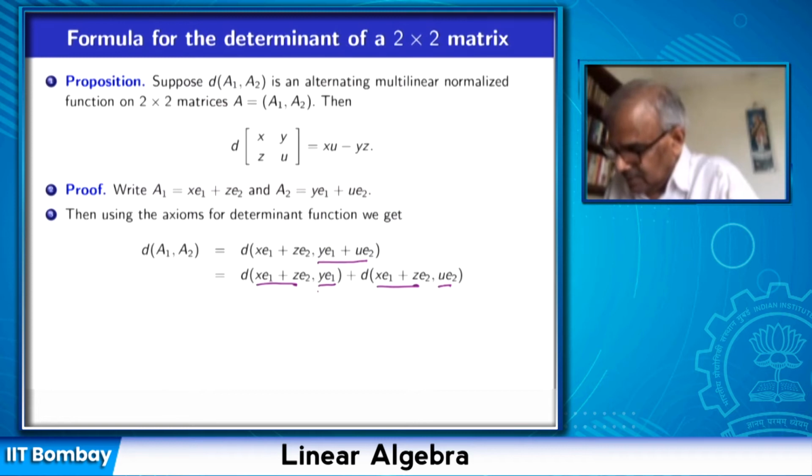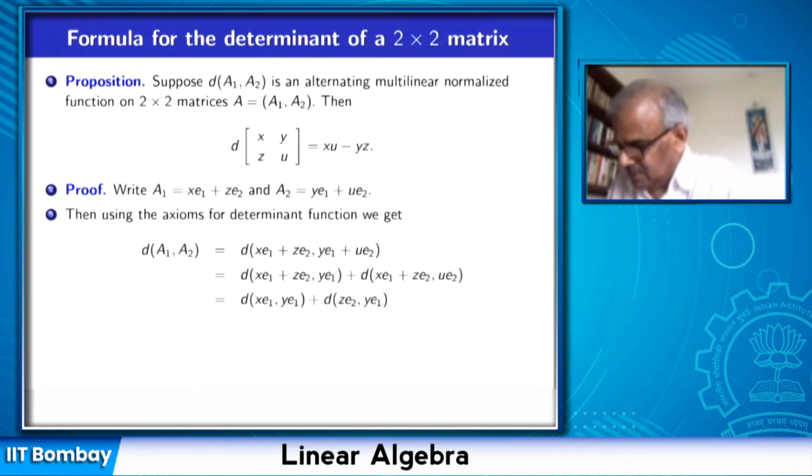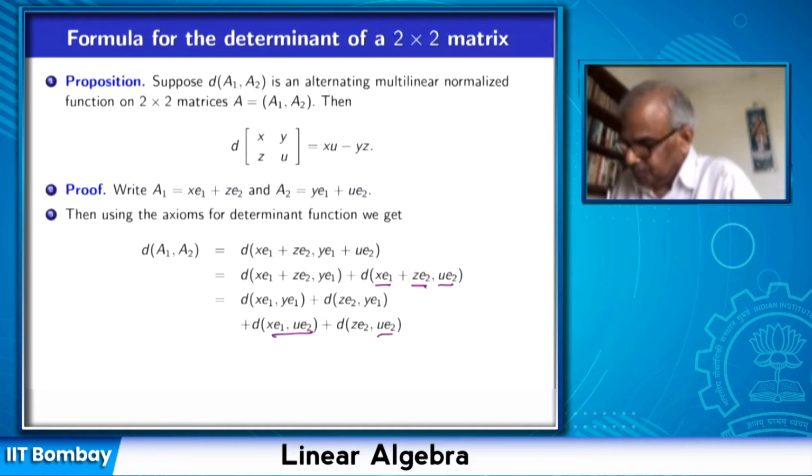Now I apply the multilinear property on each one of these functions, and I get d of x e1, y e1, and the second term, z e2, y e1. Similarly, applying multilinearity here, I get d of x e1, u e2, and then z e2, u e2.